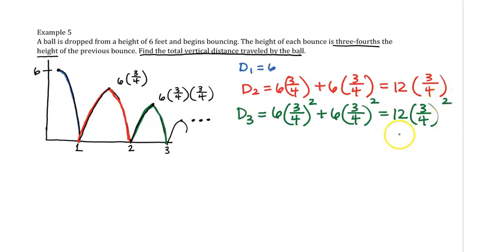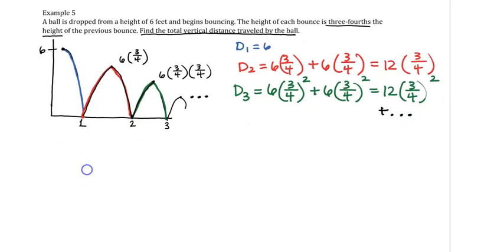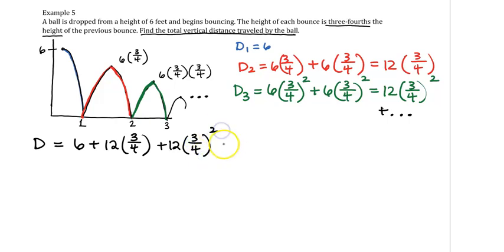And this will continue on and on. So far we have that the total distance, which I'll call D, is 6 plus 12 times 3/4 plus 12 times 3/4 squared plus dot, dot, dot. The pattern continues. Next, I would have 12 times 3/4 cubed.